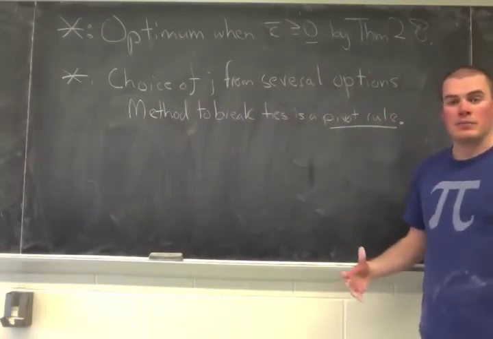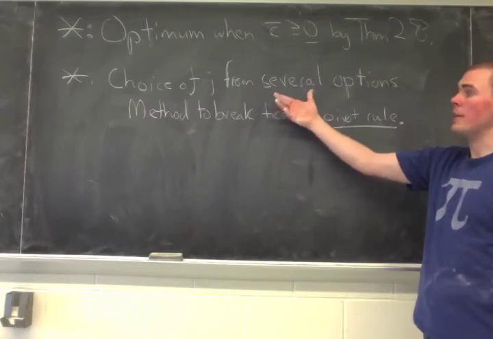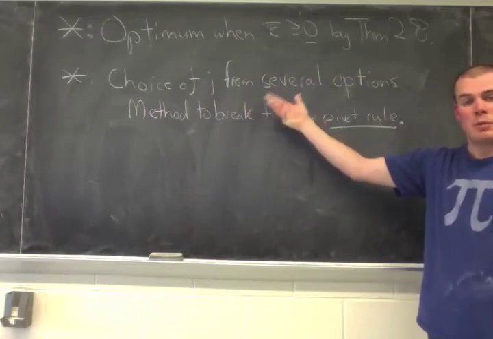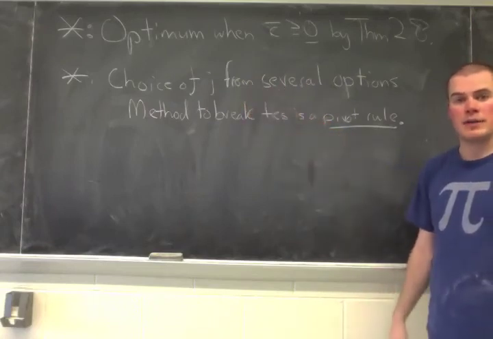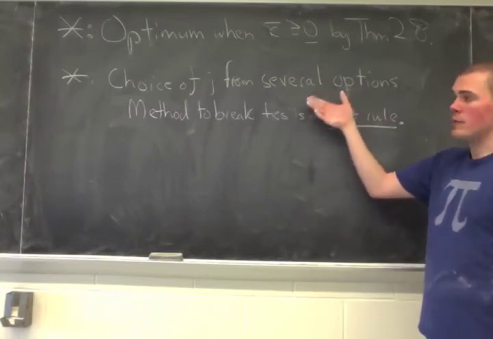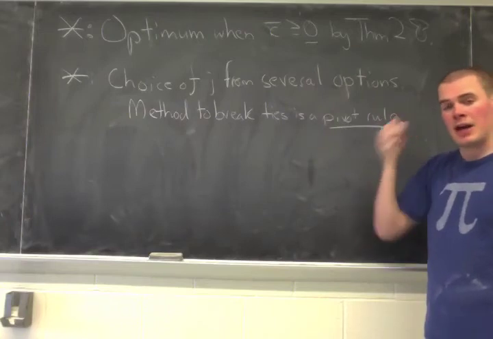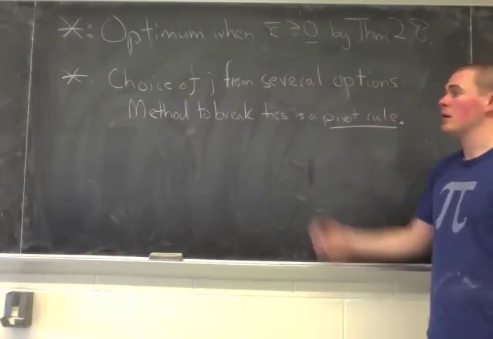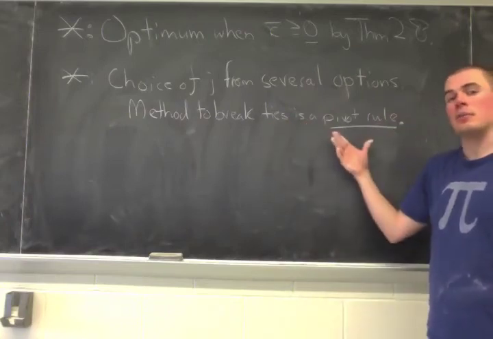In the algorithm, we may have multiple options for choosing j. So remember, all we need to do is have the relative cost at j be strictly less than 0. So to make that a concrete step and say, absolutely, this is the thing to pick, that method to break these ties is called a pivot rule.